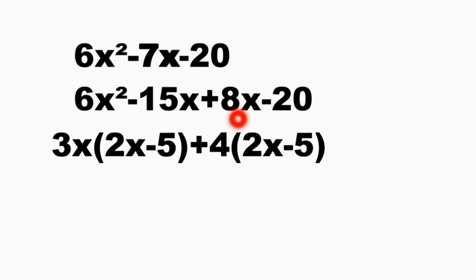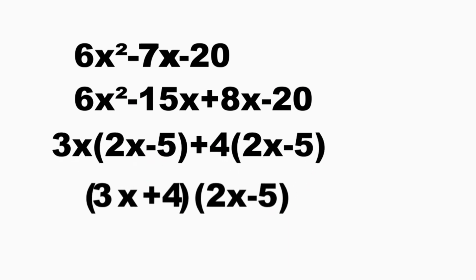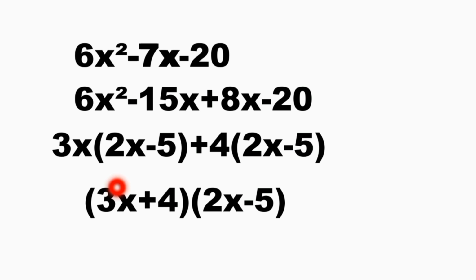In this group we factor out 4: 8x divided by 4 is 2x, and negative 20 divided by 4 is negative 5. So we have a common factor of 2x minus 5. Factoring out, we have 3x plus 4 and 2x minus 5.